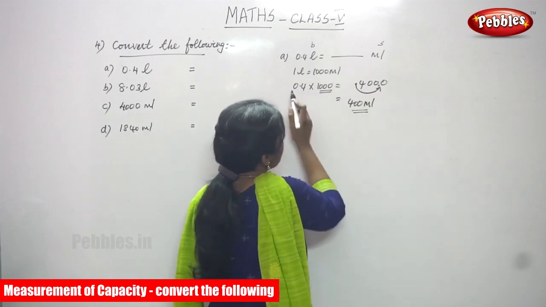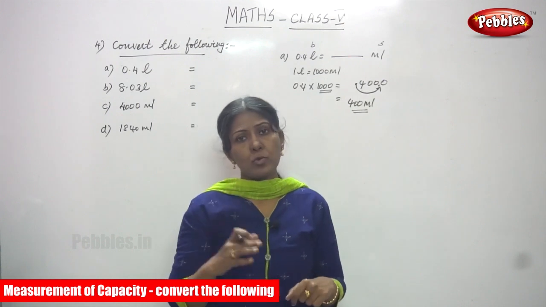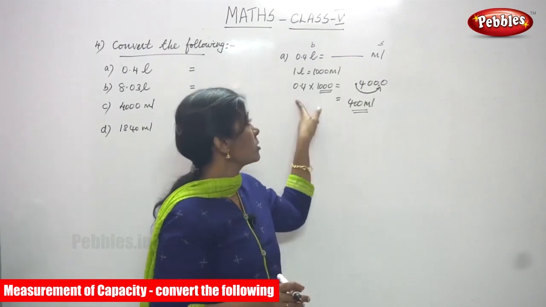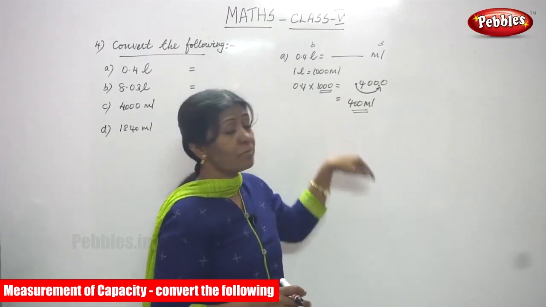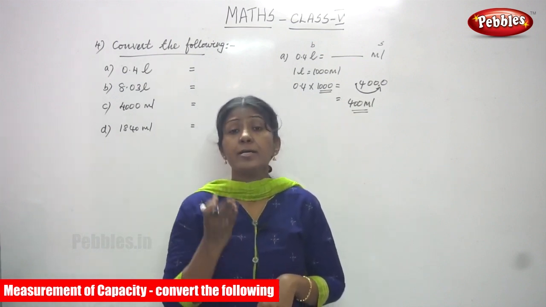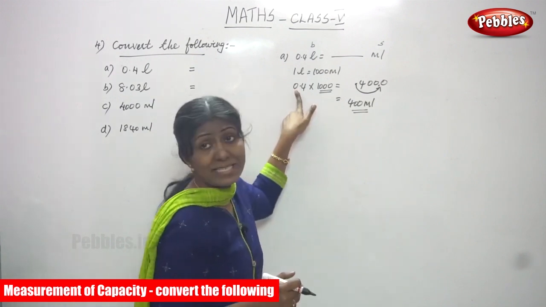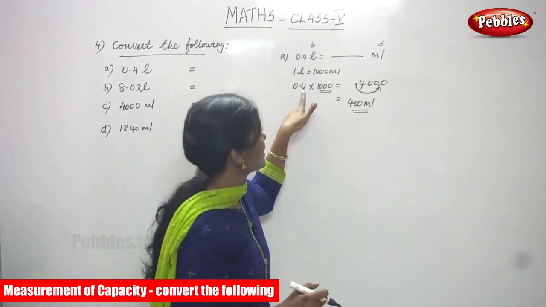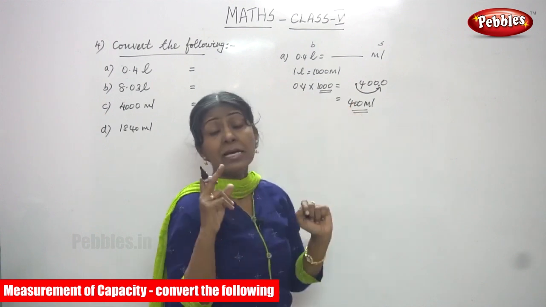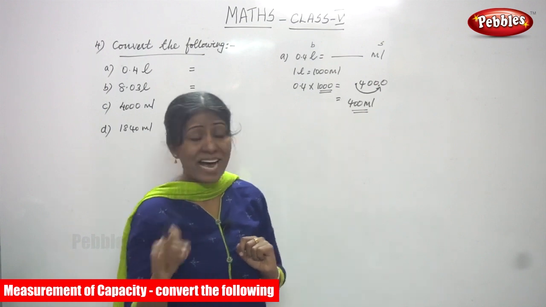I'll repeat once again, 0.4 into 1000 because 1 liter is equal to 1000 ml. Bigger unit to smaller unit means you have to multiply by 1000. So you don't consider the 0, you just consider the point, then 4 you write as it is. In the 1000, how many zeros are there? 3 zeros. You write the 3 zeros as it is.